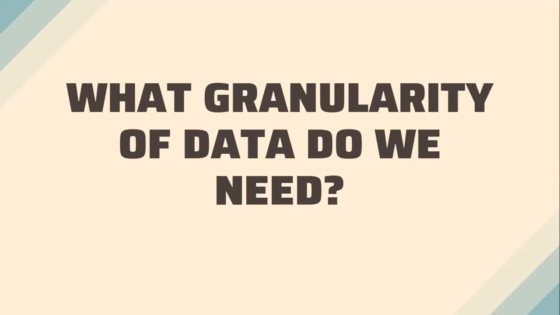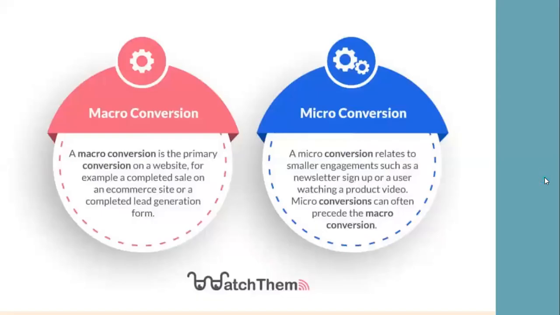Now, another important thing about data is segmentation and grouping. We have various types of conversions. First, we have macro conversion, then we have micro conversion. Macro conversions are basically the primary conversions of the website.